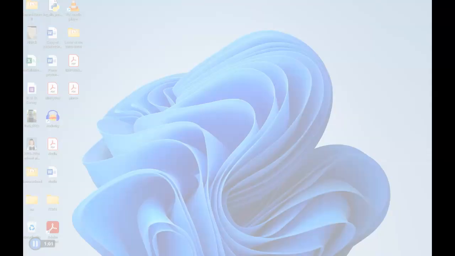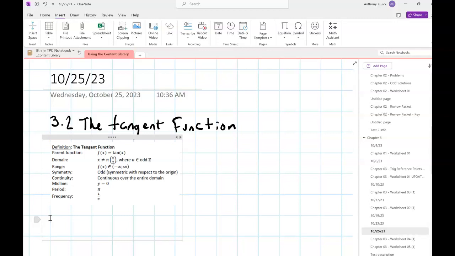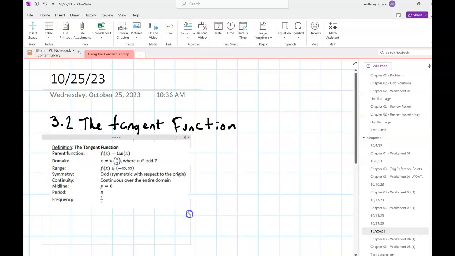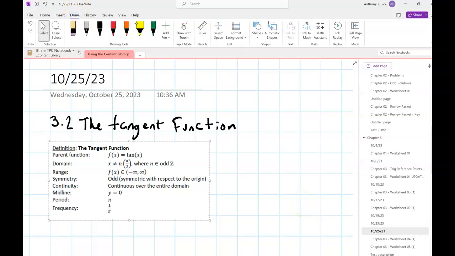So I'm going to start by just talking about the tangent function itself. If we talk about the parent function, y equals tan x, there's a couple of big differences from sine and cosine. The first one is the domain. Remember, for sine and cosine, the domain was just all real numbers. Here, for tangent, the domain has a bunch of holes in it.